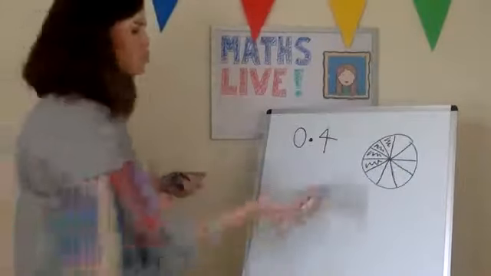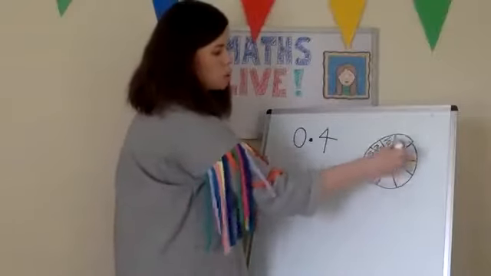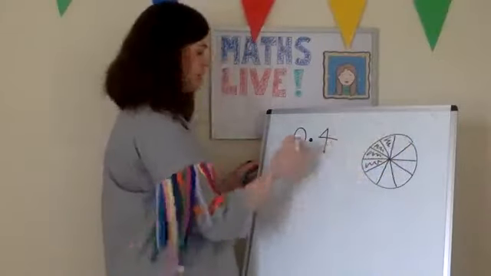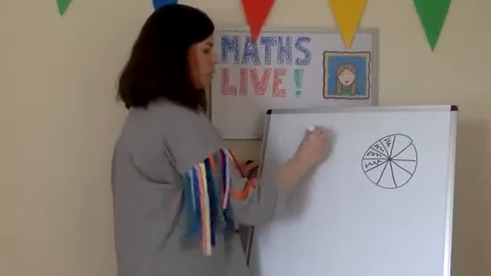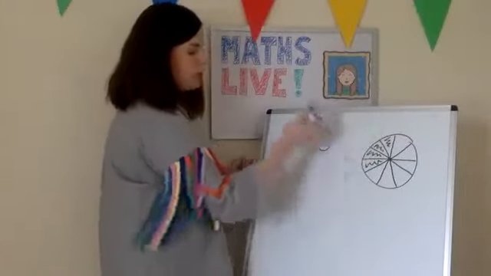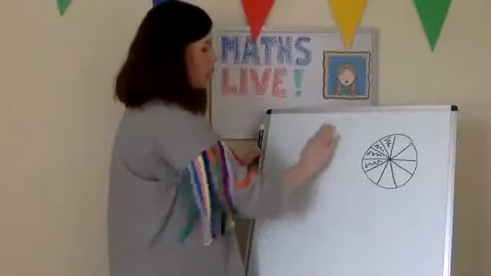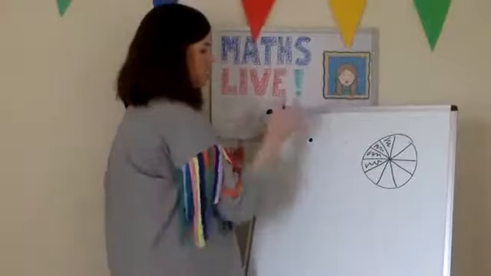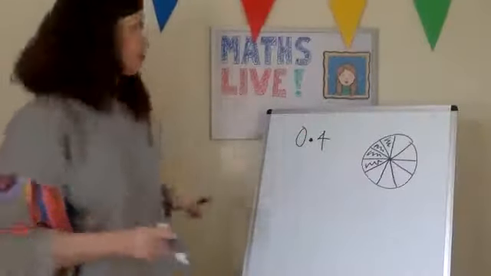Why have I drawn a pizza in 10 parts? Because if I count all those pieces, it makes 10. And 10 as a decimal across there would be 1 whole. So that's a whole pizza. And out of that whole pizza, there's just 4 parts. So not the whole pizza, just 4.